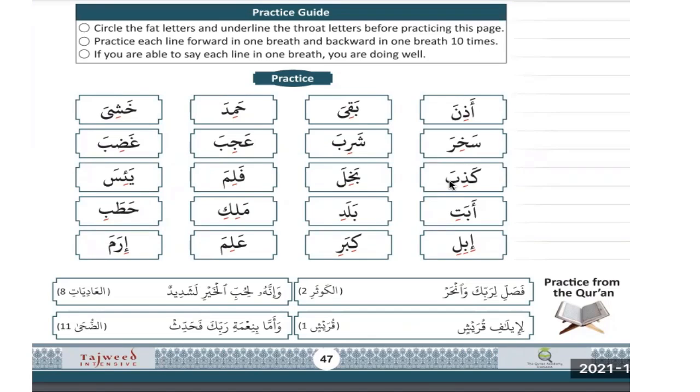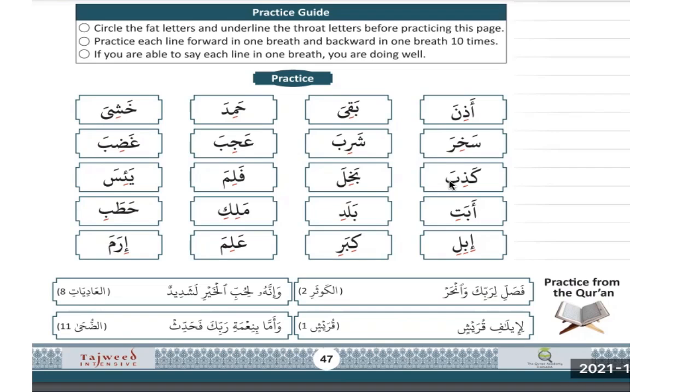And how can you practice this letter kha? By gargling. Yeah, very good. Excellent. MashaAllah.